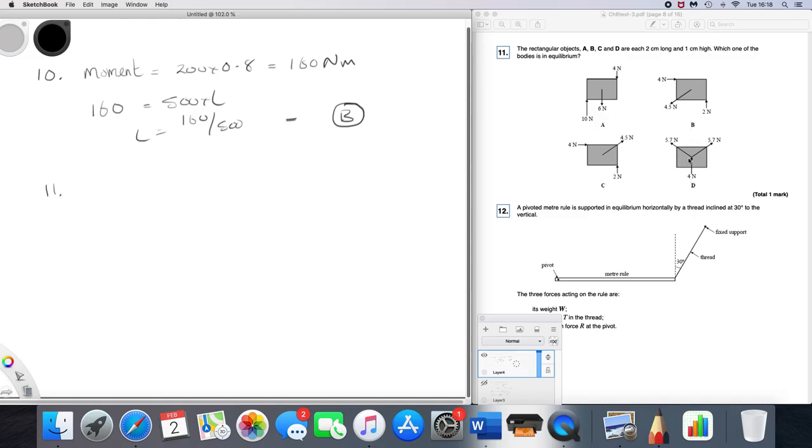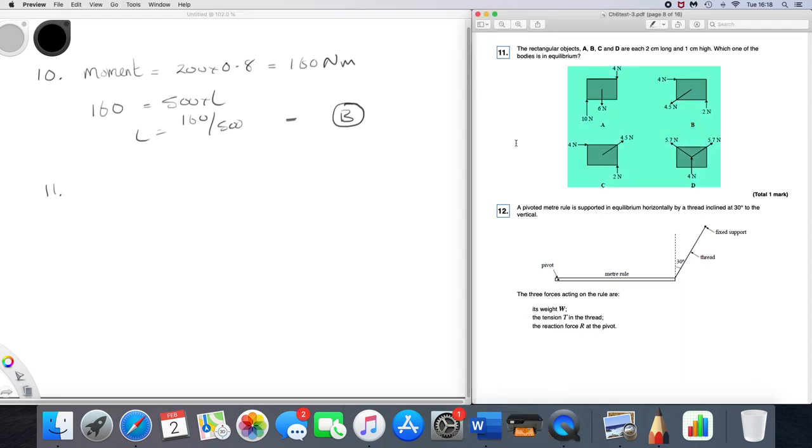So D is not in equilibrium either. We have established that A and B could be.